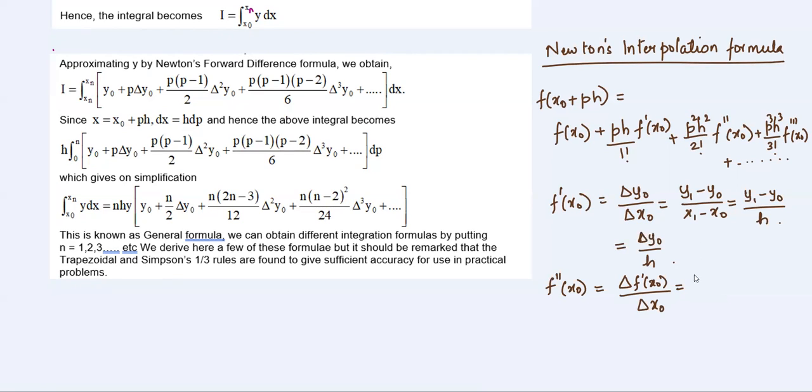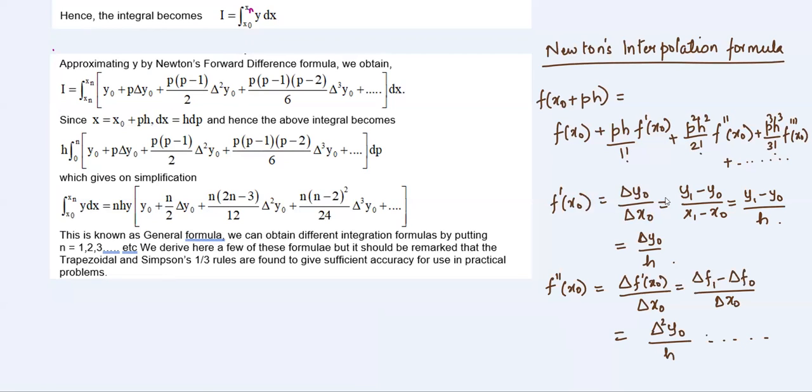This is delta f1 minus delta f naught by delta x1. So basically what we get is the second difference of y naught divided by h, and so on.